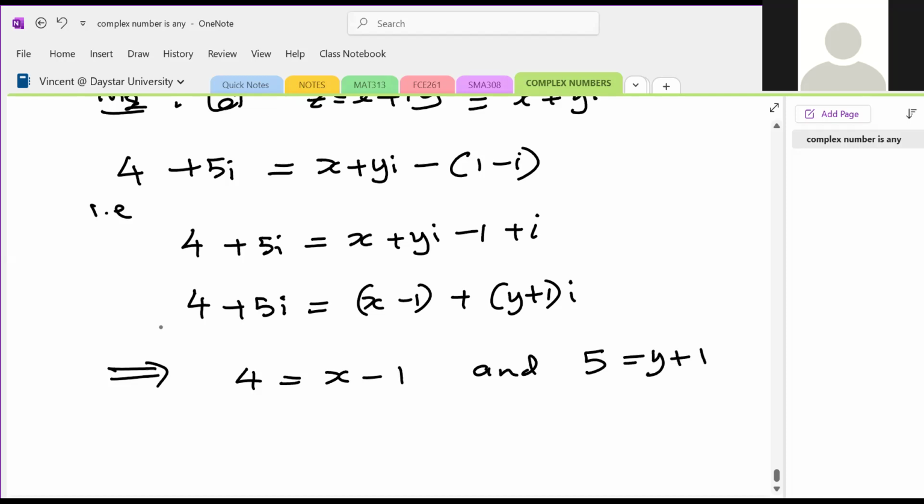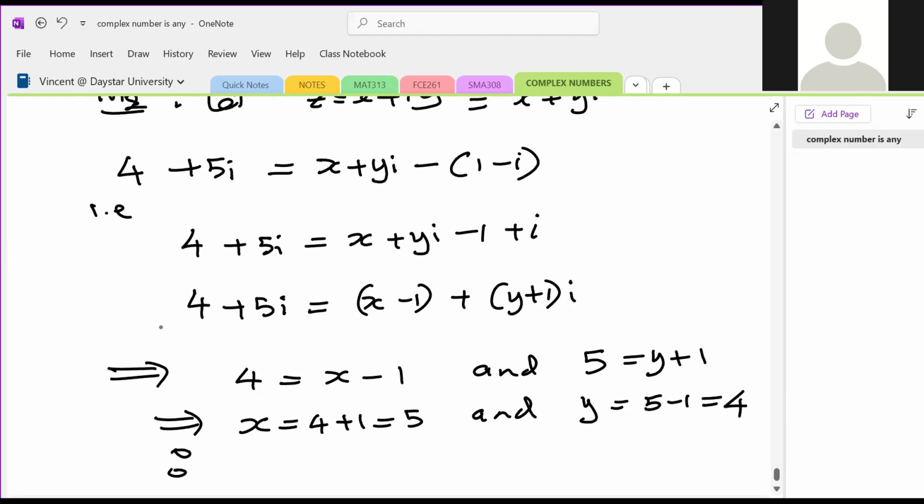For this equality to make sense, the real parts on either side must be the same. So x alone will be 4 plus 1, which is 5, and y will be 5 minus 1, which is 4. So therefore z, which is x plus yi, is going to be 5 plus 4i. So we get the same answer.